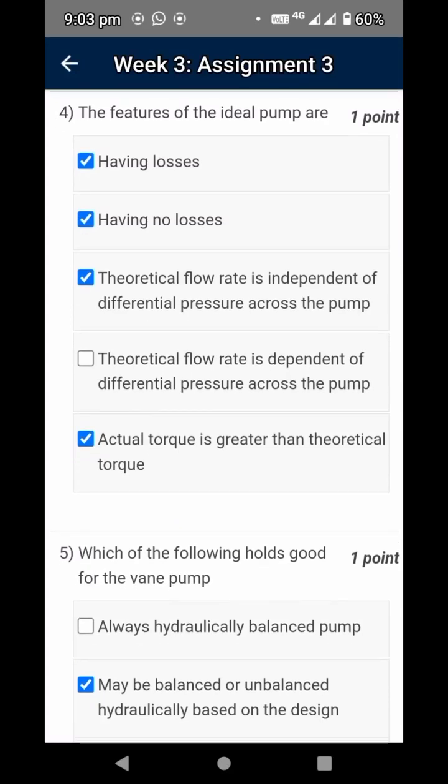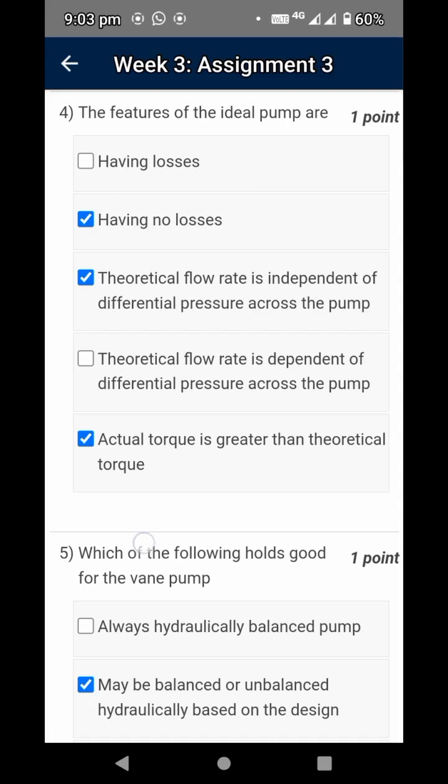Next question: the features of the ideal pump. Once again, in the case of an ideal pump, it doesn't have any loss. An ideal pump is an imaginary pump. So we just imagine the pump doesn't have any loss.